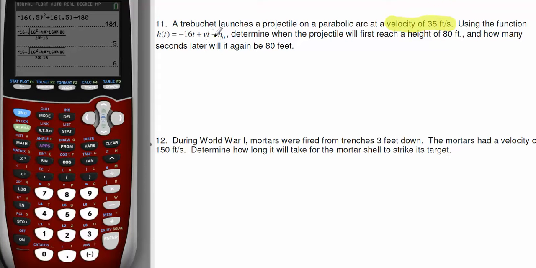Now, using the function, and they give us the same one we just worked with, determine when the projectile will reach a height of 80 feet and how long or how many seconds later will it again be at 80 feet. So, just to give you a visual, we've got this parabolic arc, and then you've got this 80 feet.